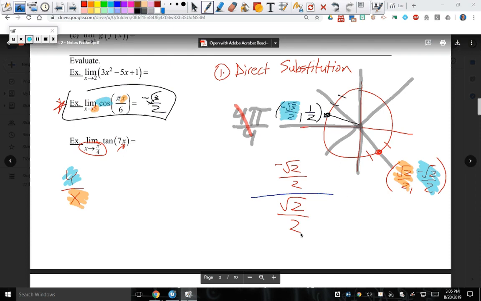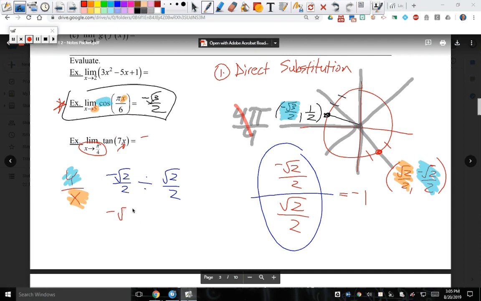What I want you to do, couple things. These won't always be the same, okay? When they're different, what I would like for you to do is to read this as this, the way you did it in 5th grade. Negative root 2 over 2 divided by root 2 over 2. Because in 5th grade what you learned was keep, change, and then flip.